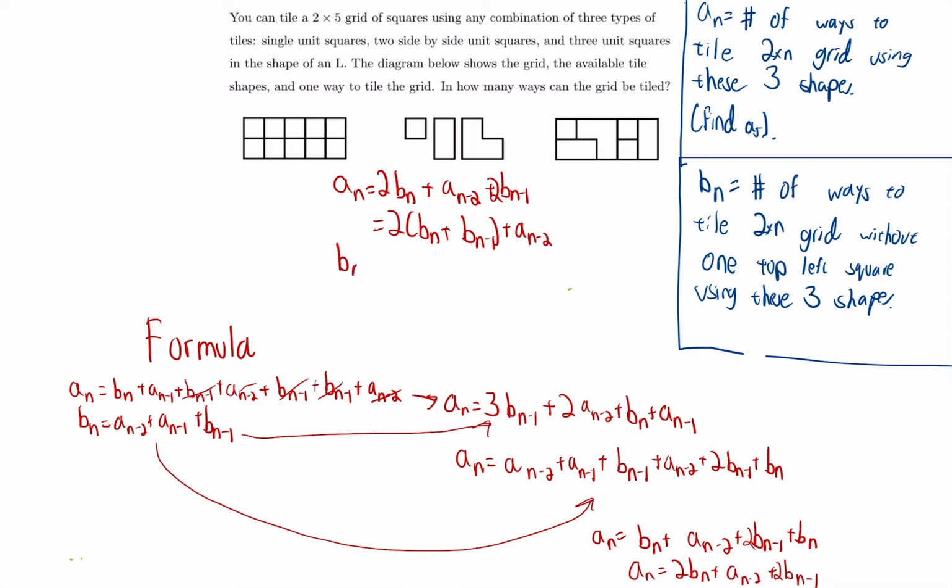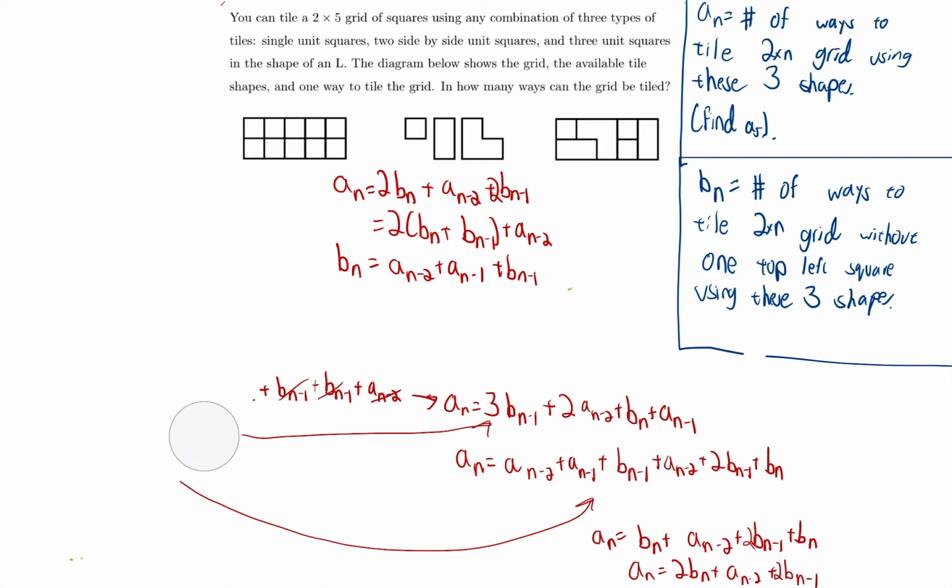Now b of n is going to be a of n minus 2 plus a of n minus 1 plus b of n minus 1. Okay, so that's all we need to solve the problem.